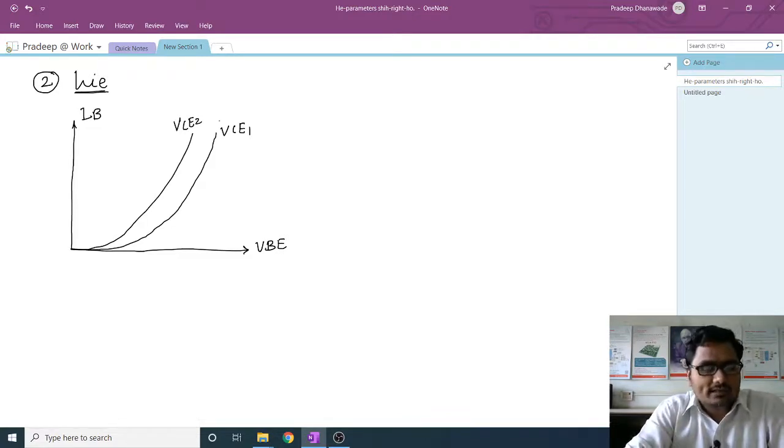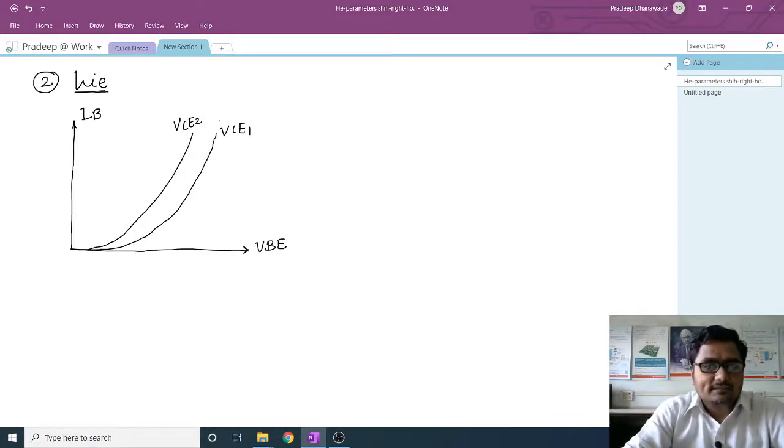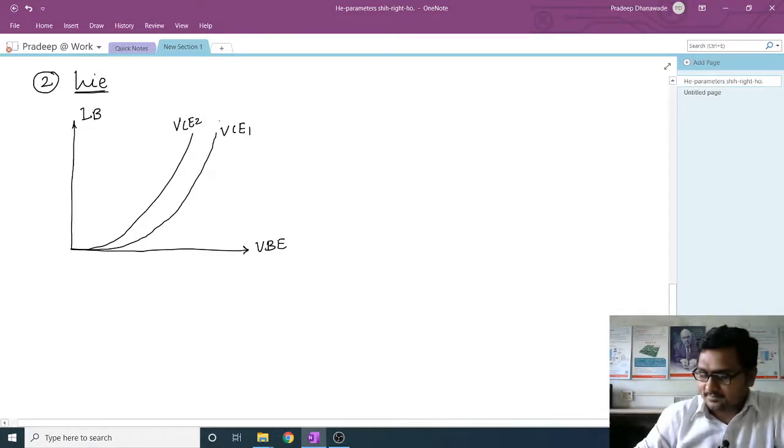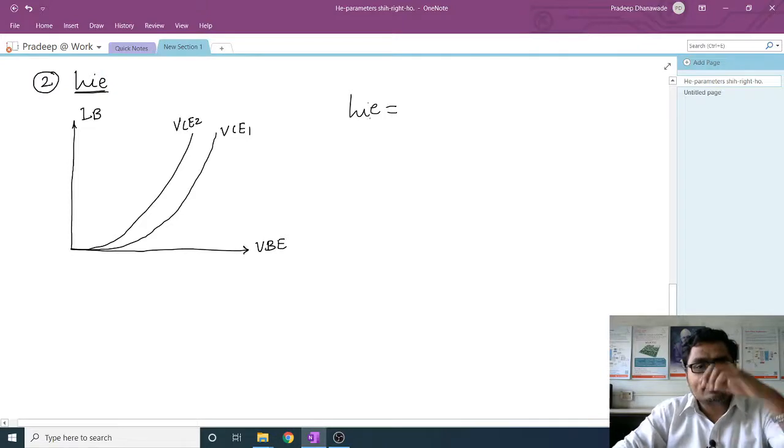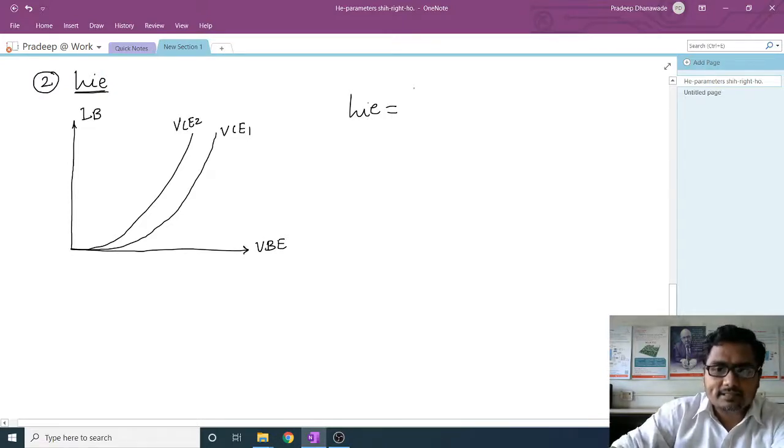Now I need to find HIE from those graphs. First, write down the equation for HIE. What is HIE? HIE is input impedance.